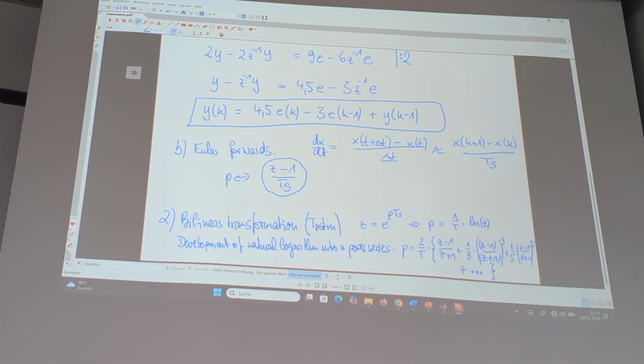It's an infinite power series, and if you break up after the first term, then this is the substitute for the bilinear transformation according to Tustin.